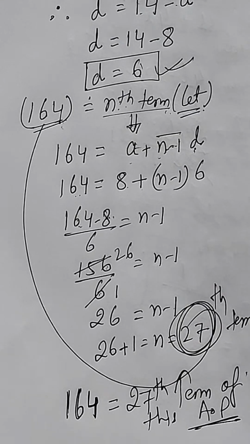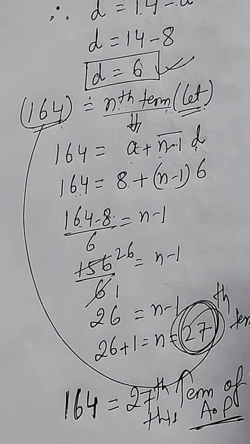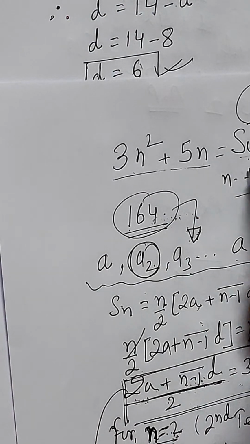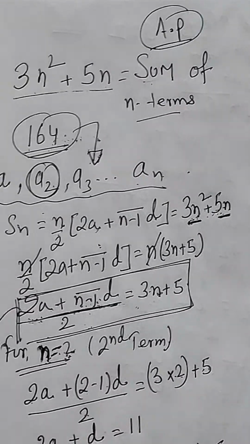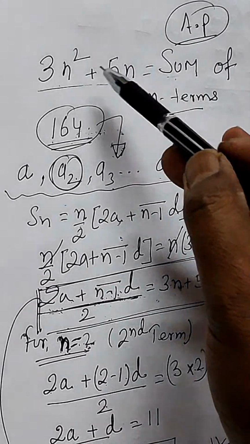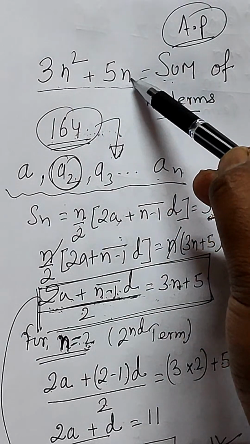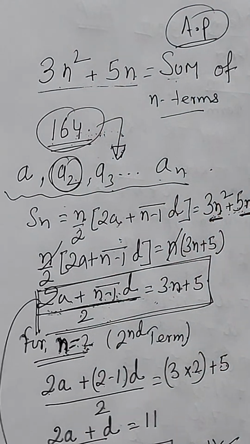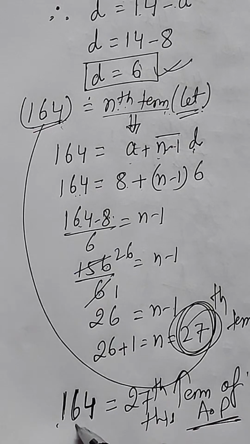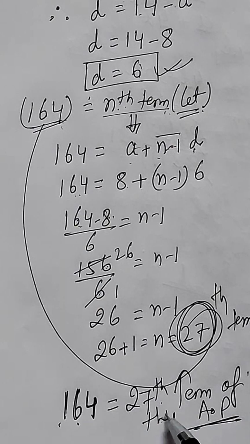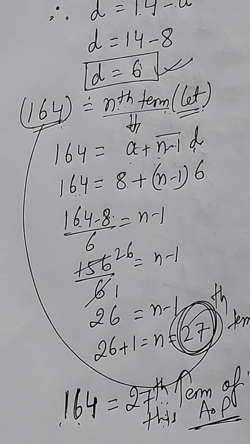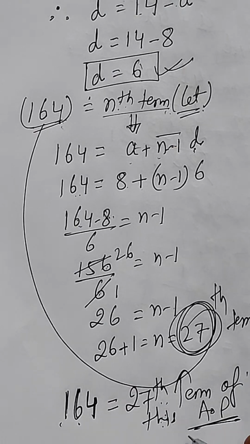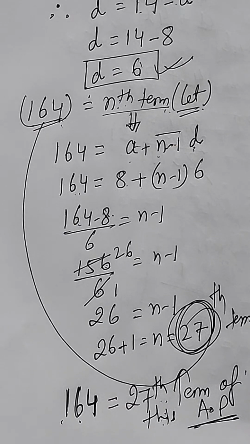Which AP? Whose sum of n terms is given as 3n square plus 5n, right? So we have derived that 164 is the 27th term of that AP. So in this way we have solved this question, students.